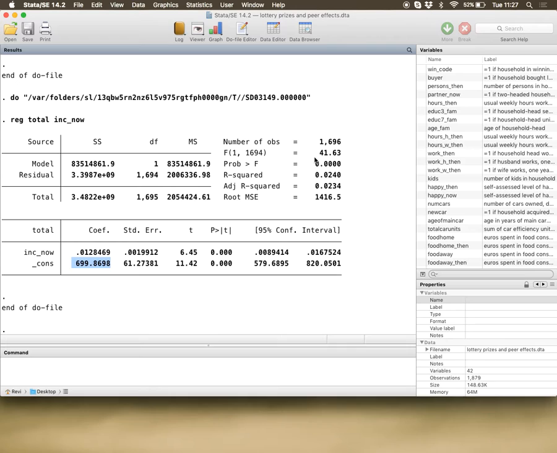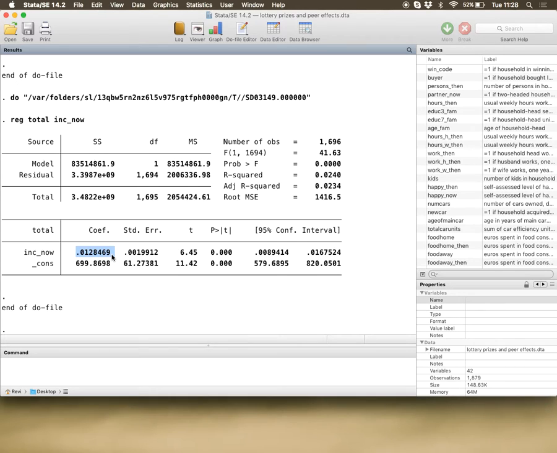So I will reject the joint hypothesis that those two coefficients are equal to 0. This t-test here is for the individual hypothesis that says, I believe that beta 1 is equal to 0. The high t-value tells me that there is a statistical positive correlation between income now and expenditure.